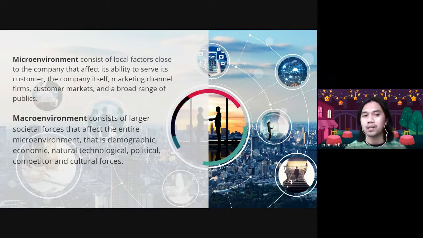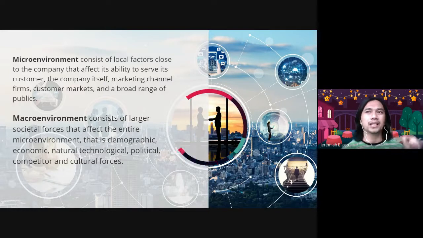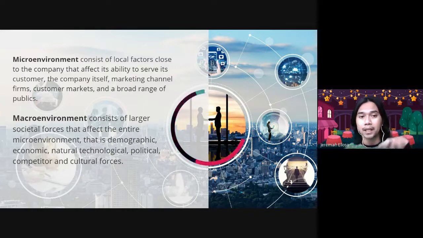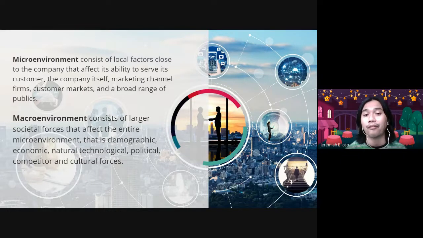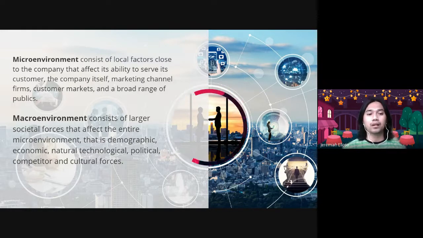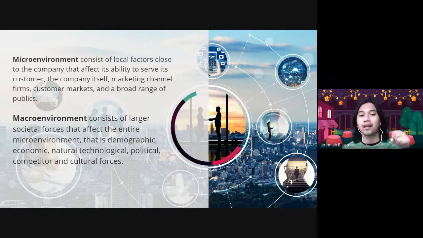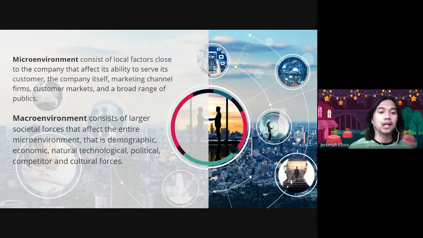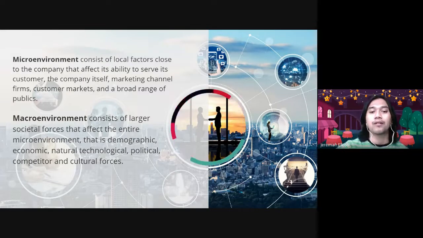So ibig sabihin, it's only within the confines of your own company, yung nasa loob. Whereas the macro environment consists of larger societal forces that affect the entire micro environment, and that is demographic, economic, natural, technological, political, competitor, and cultural forces.